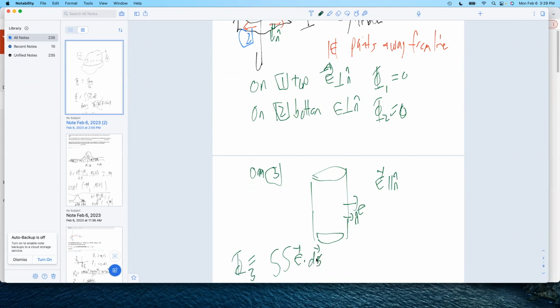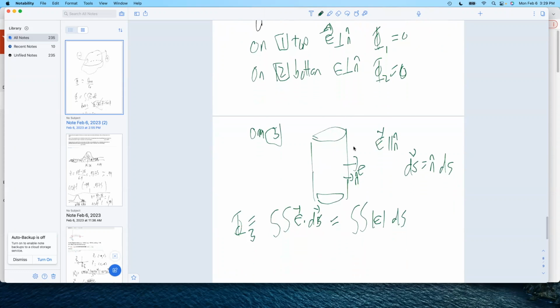Remember, I'm making ds a vector here, because the vector ds is the normal vector times just the differential ds. Because they're parallel, I can drop that dot product and make these magnitudes. The magnitude of the normal vector is 1, so we just get our ds.